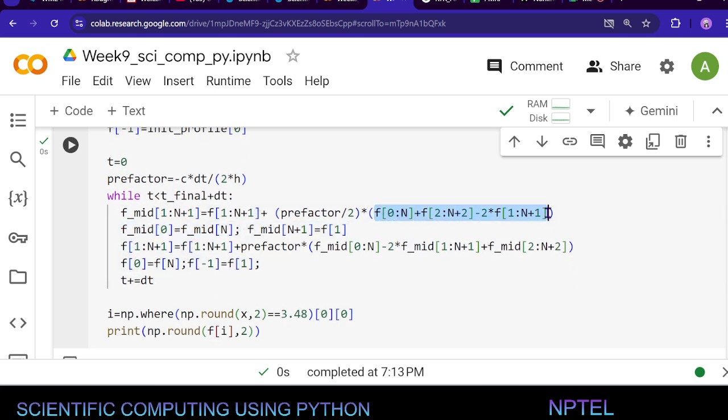I have to change this. This is for the second derivative. For the first derivative, it's just f at the right point minus f at the left point divided by 2h, which is already there in the prefactor. Okay, and same thing here. So this won't be there, and this will be minus.